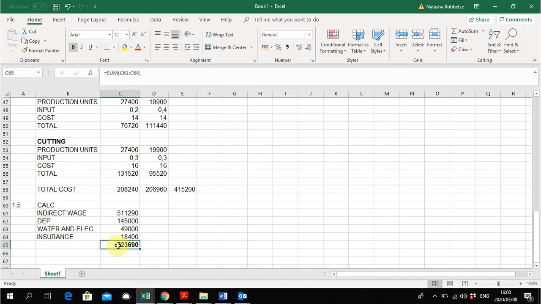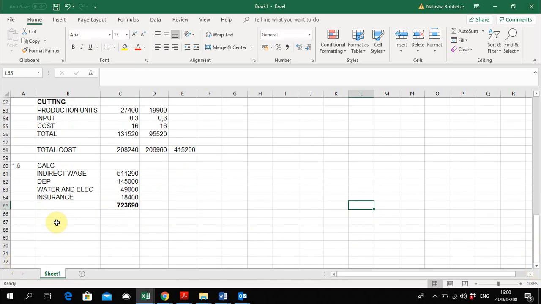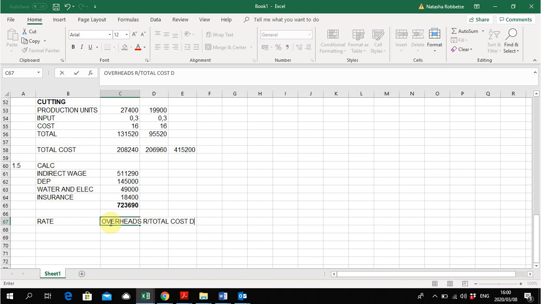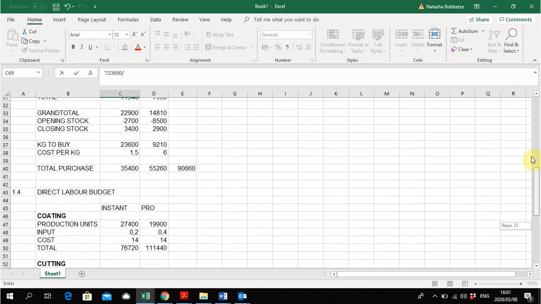And then I need to calculate my rate. So the rate will be the overheads in Rand divided by the total cost driver. In this instance, we were told that the cost driver is the production units. So this means we are going to take the 7,236.90 and we will divide it by the production unit total.